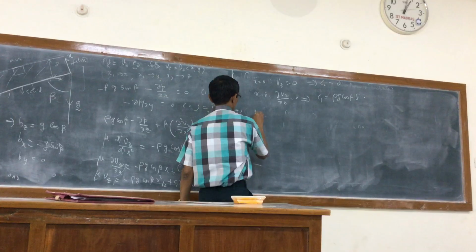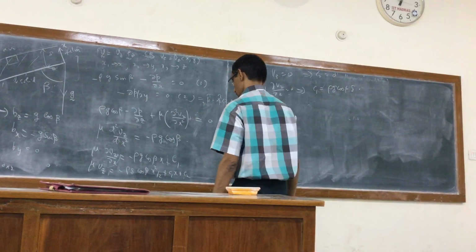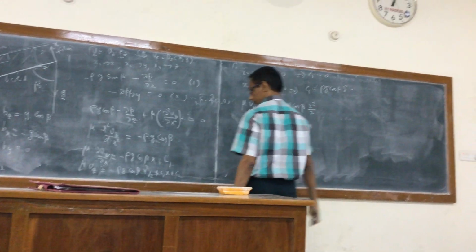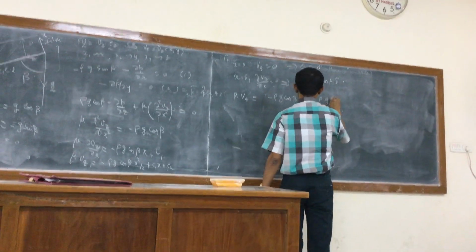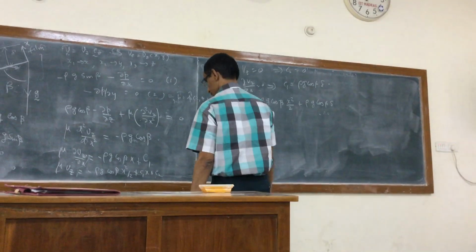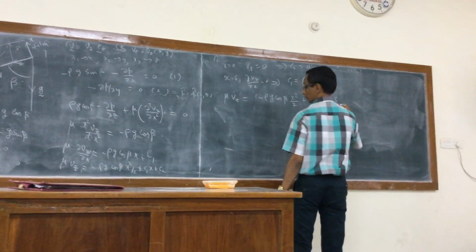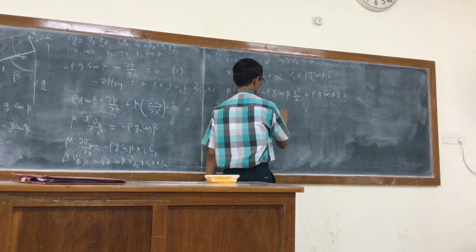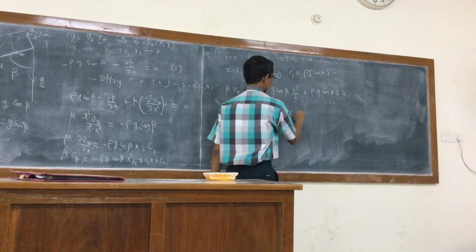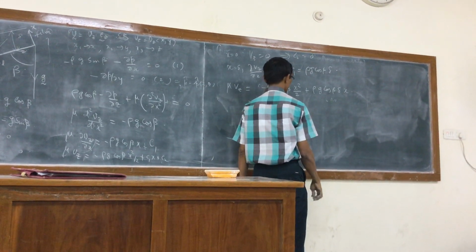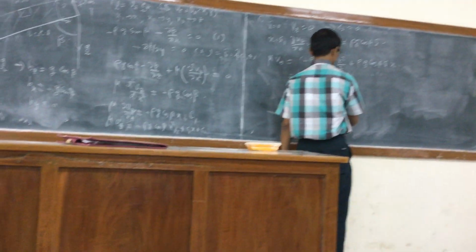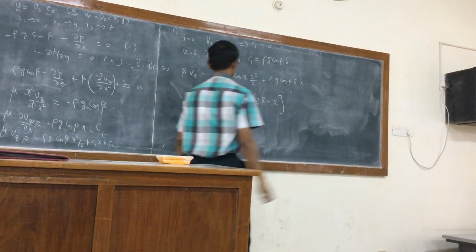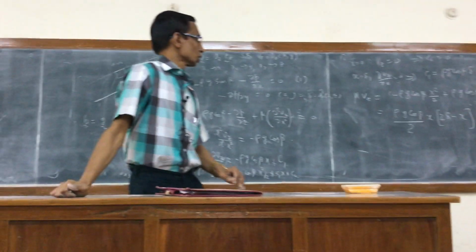So we have rho g cos beta, maybe rho g cos beta by 2, can be taken out, and x can also be taken out, and we will get this would be the solution.